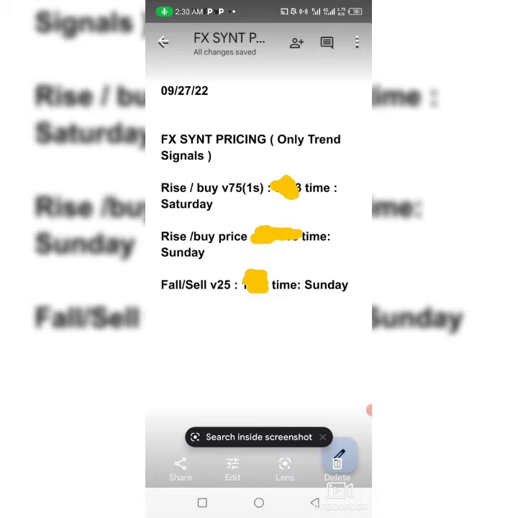Then V25, price is not shown, but it is there. These signals will be posted in the VIP, so you will not have access to it because you have not joined the VIP signal channel. You have to join to change your life. So the time is Sunday, which is somewhere today. Volatility 25 index will be selling.